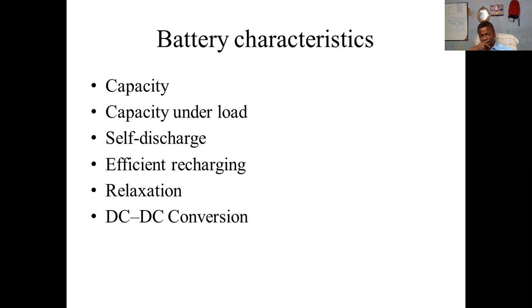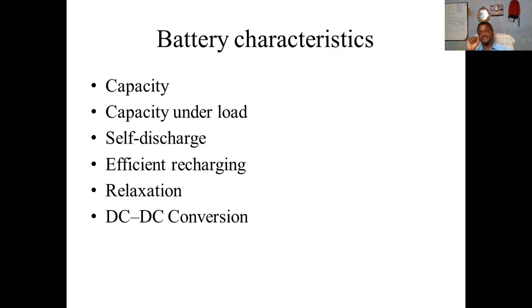Next is self-discharge. What is self-discharge? Suppose you buy a battery that comes with a guarantee for 1 year, but after one day the total energy is lost. Then you will not accept that.